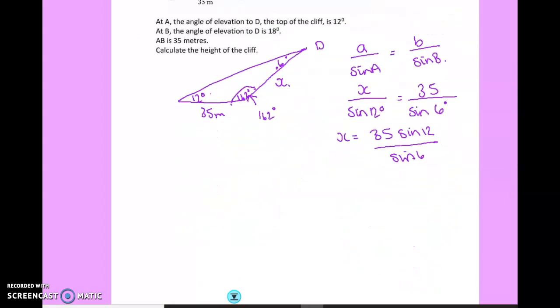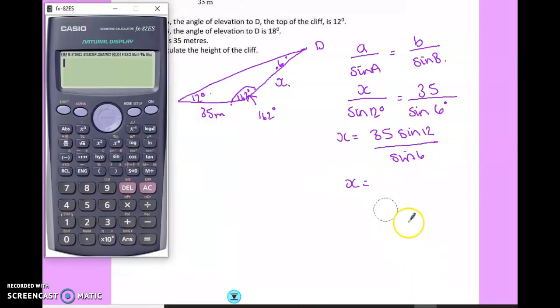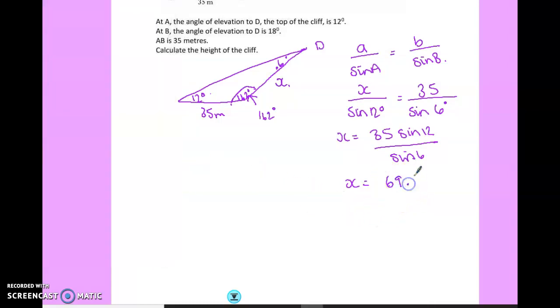So x is 35 sine 12 over sine 6. Type that into a calculator. It comes out 69.6, what units again? Metres.